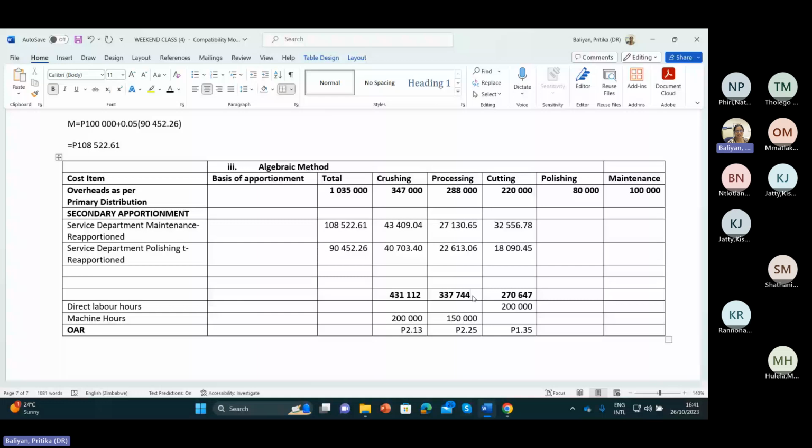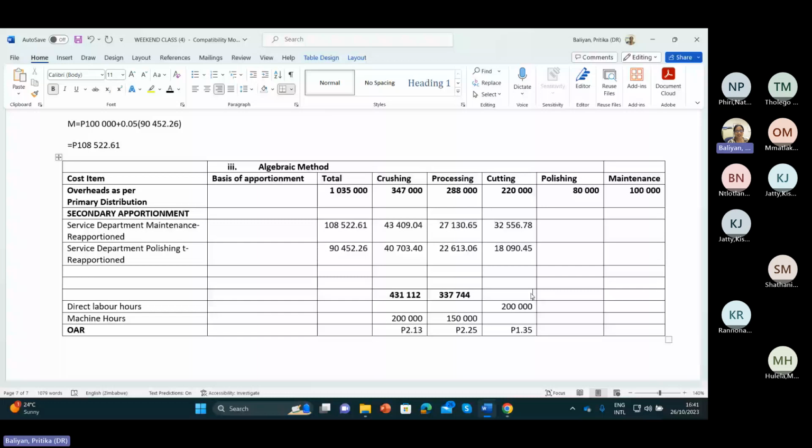And the third one, the cutting department, is 220,000 plus 32,556.78 plus 18,000.45.